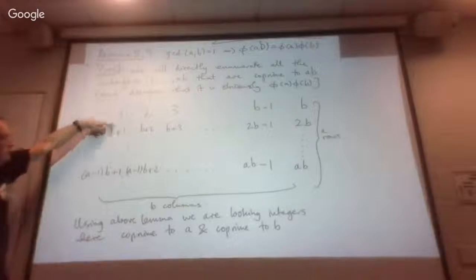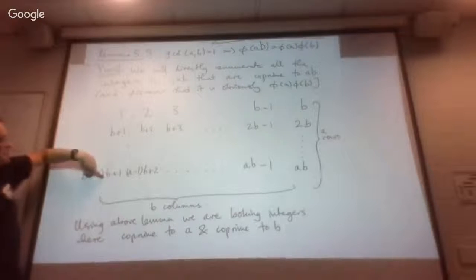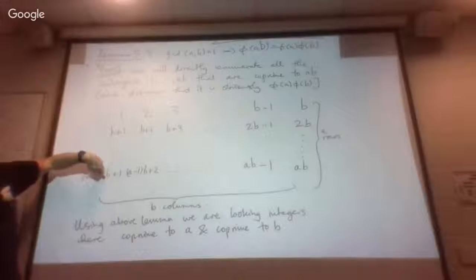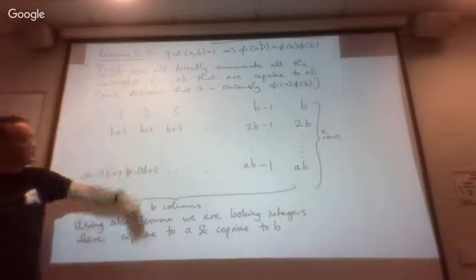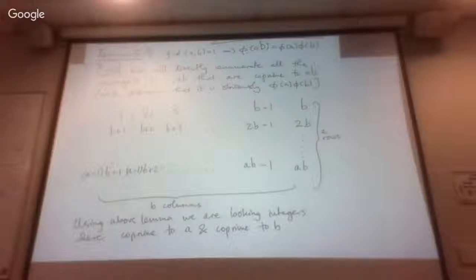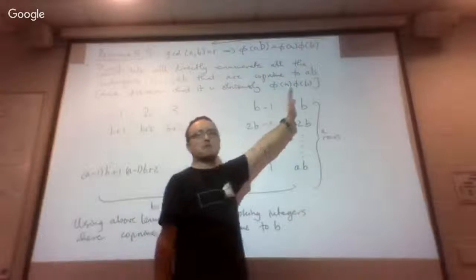But within each column, everything is congruent to each other modulo b. Everything's congruent to 1 modulo b, everything's congruent to 2 modulo b. So how many numbers here are co-prime to b?